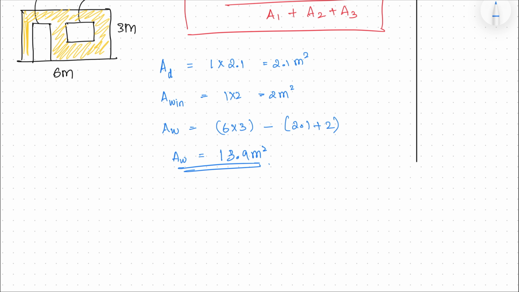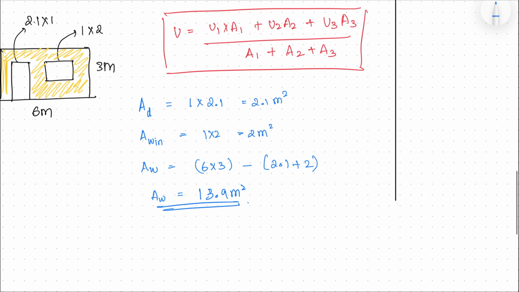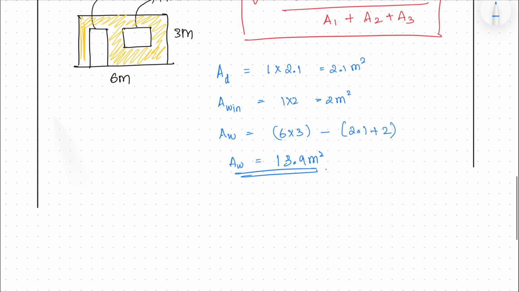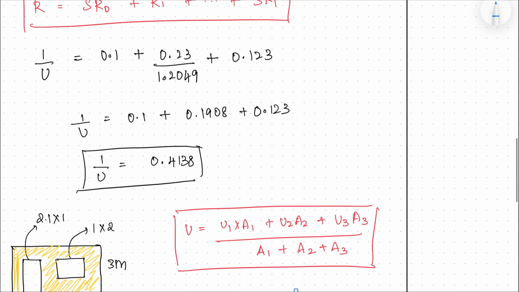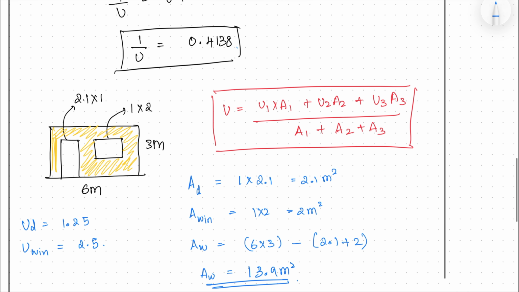And they have given us the U value for the door. So your U_D is 1.25. U value of the window is 2.5, and we have found the R value of the wall here. So what would be the U value then?